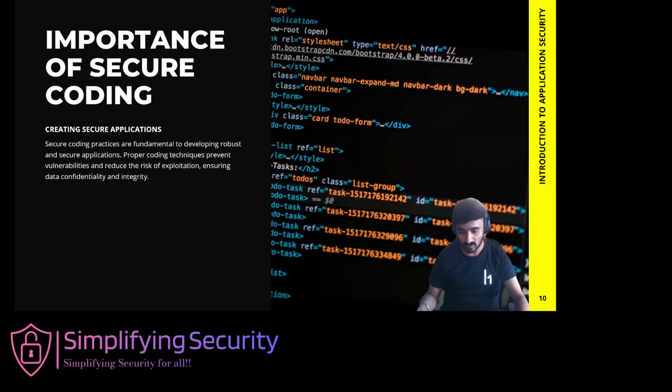There was no proper validation, no proper configuration of parameters, or no proper checks performed, or when the output goes to the web browser, it's not sanitized properly. Many of those issues occur because of these things. That's the reason secure coding is very important in this era.